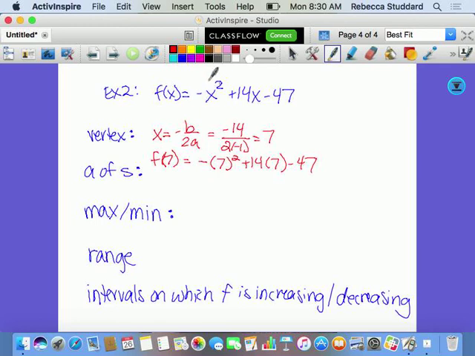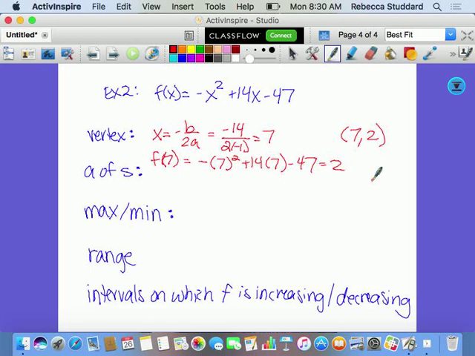In our function, only the x is getting squared. So that's going to be a negative 49. And when you work all that out, you get 2. So the vertex is 7, 2. Any questions on how to find the vertex? I'm only going to do one.